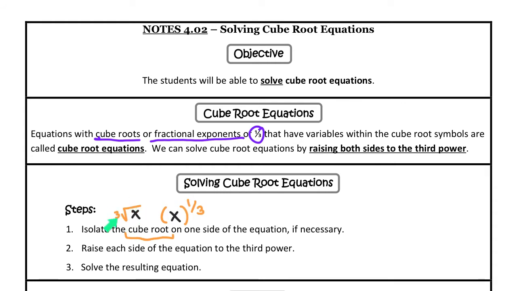If I write it like this, it's a cube root, and this is also a cube root. Make sure that it's on one side of the equation. This is the same idea as last class, just instead of working with the number 2, we're working with 3.